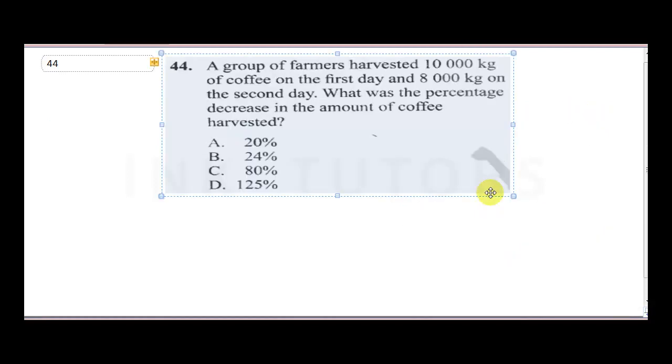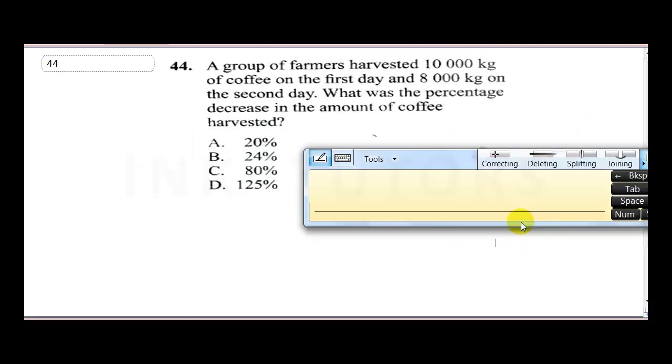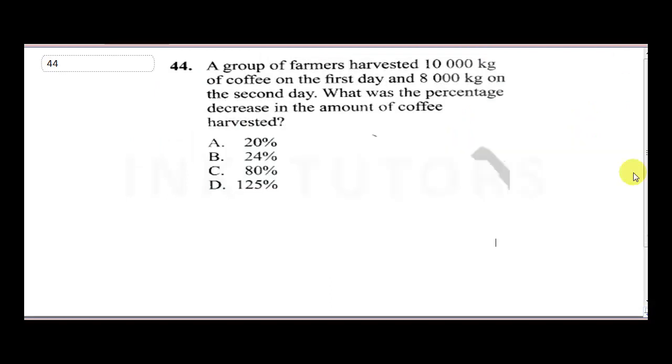That's question 44, which says, a group of farmers harvested 10,000 kg of coffee on the first day and 8,000 kg on the second day. What was the percentage decrease in the amount of coffee? Now, this is a percentage question.